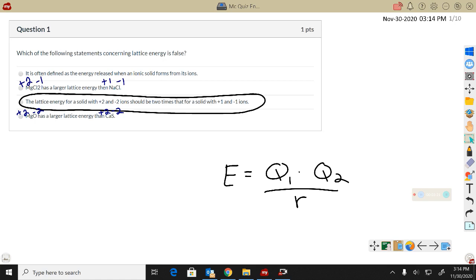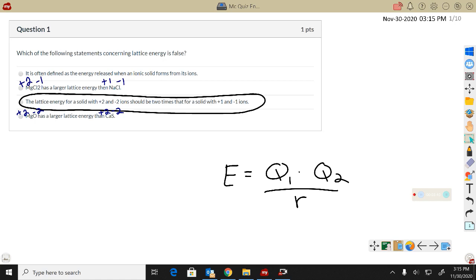So you're never going to have to calculate lattice energy from this equation. We're just going to use the equation to compare strength of bond or compare lattice energies. And in that case, it's always going to be examples that can be solved qualitatively, like option 2 and option 4 here. Number one thing we think about is magnitude of charge.